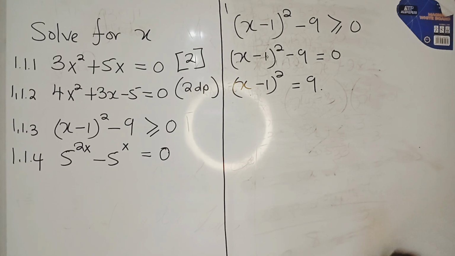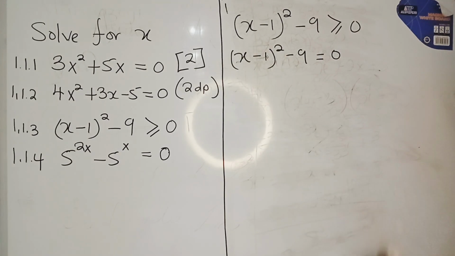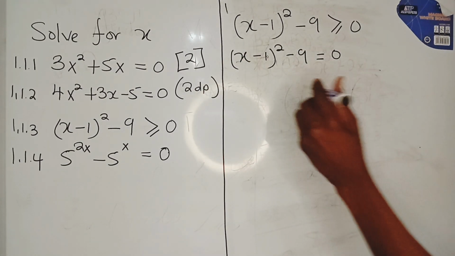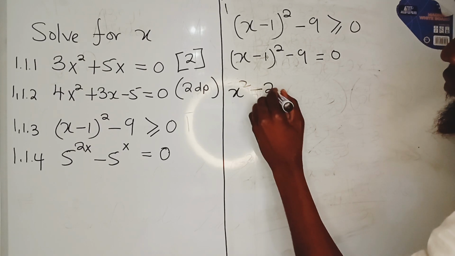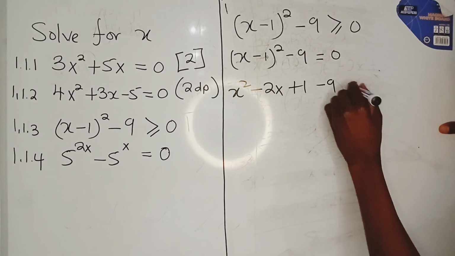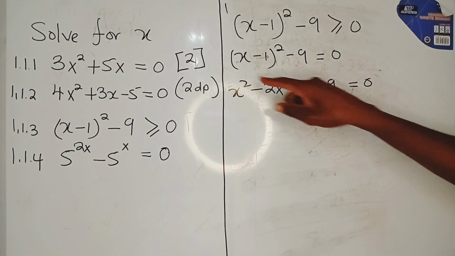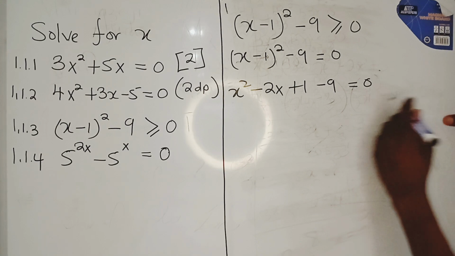Or let us tackle it in this way. Let's expand this expression. So we are going to have x squared minus 2x plus 1 minus 9 is equal to 0.